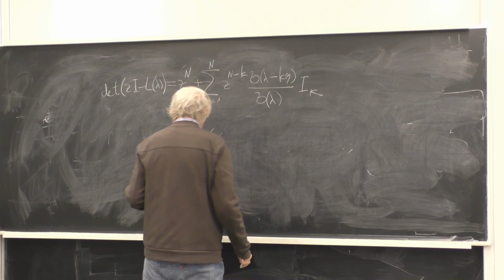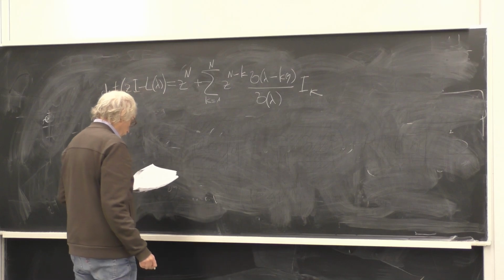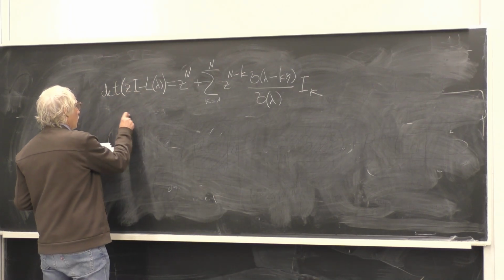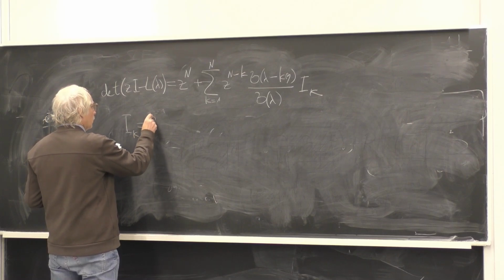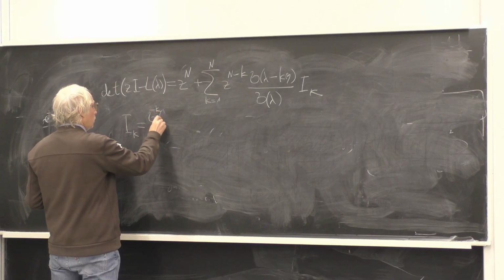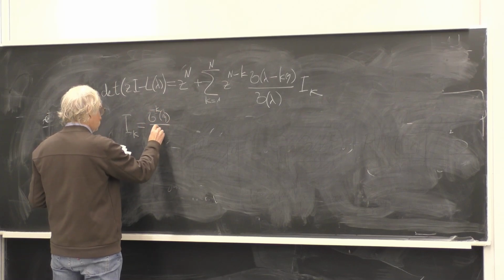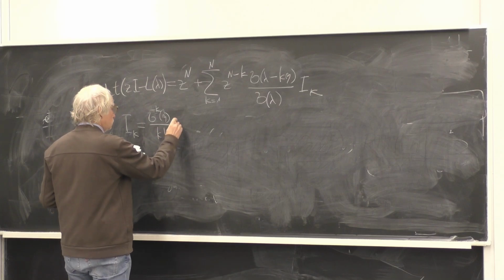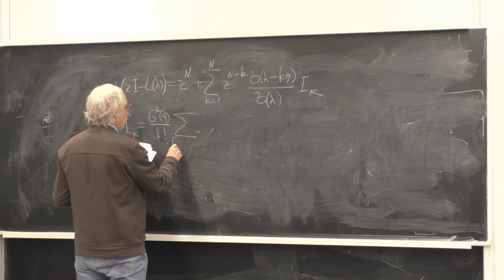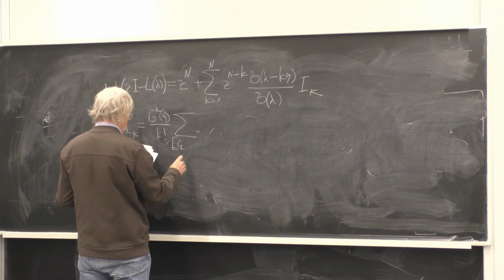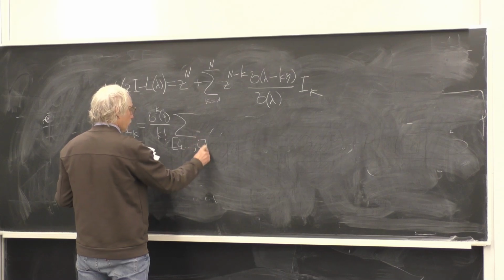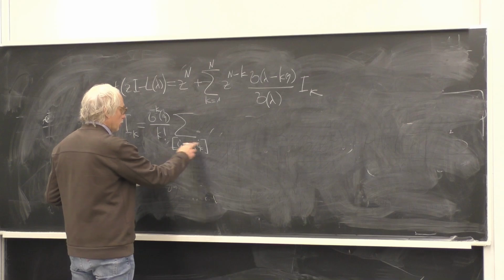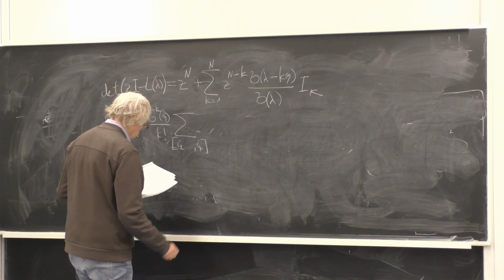These coefficients are conserved quantities, and the formula for them is as follows: a sum over all sets of k indices, all of them distinct.